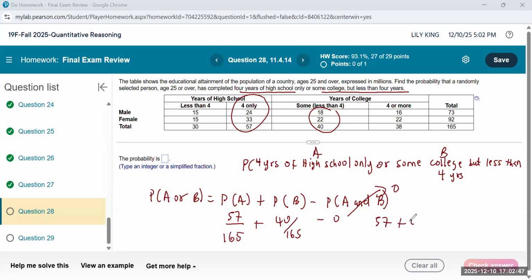So 57 plus 40 divided by 165, a simplified fraction, 97 over 165.